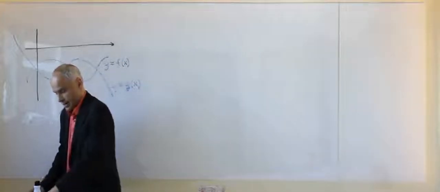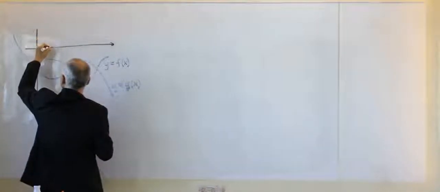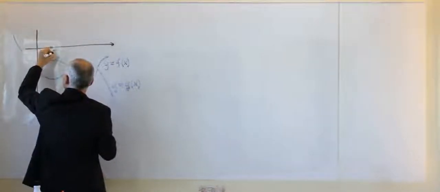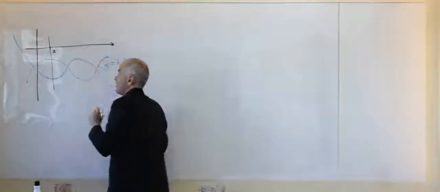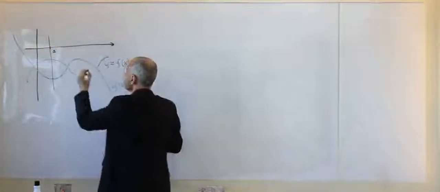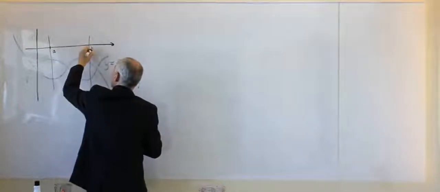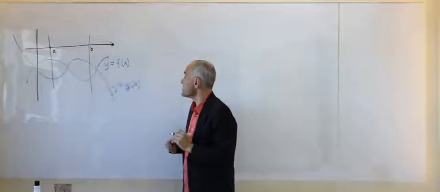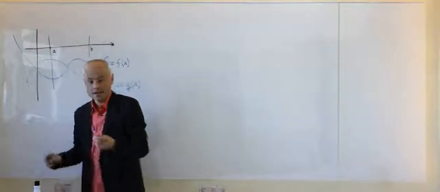Now, we also have these two vertical lines. x is equal to a, and another line, x is equal to b. So we're interested in this region.